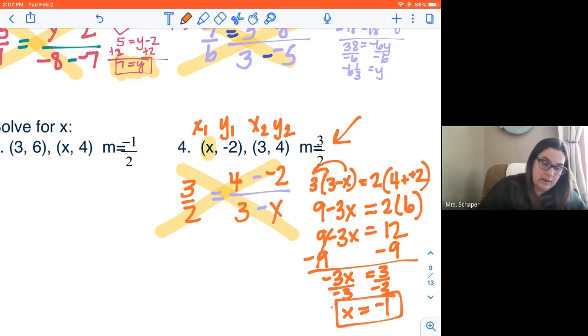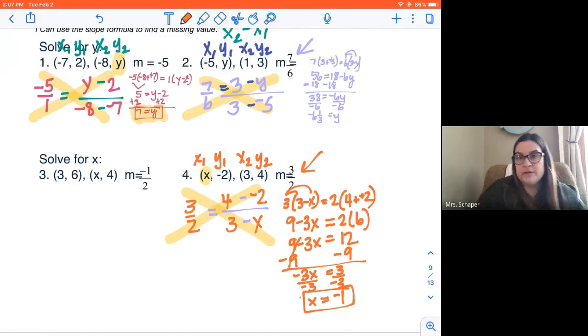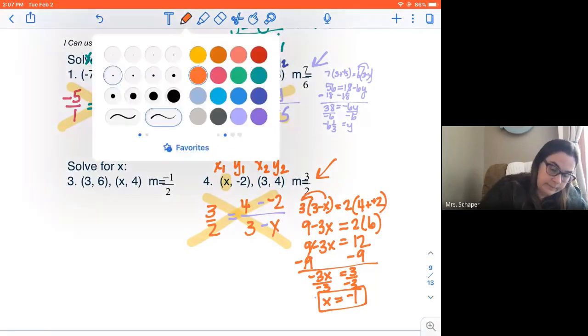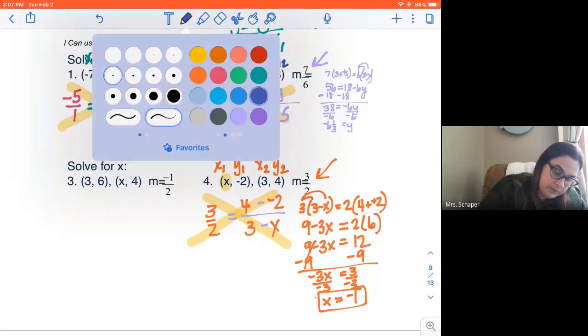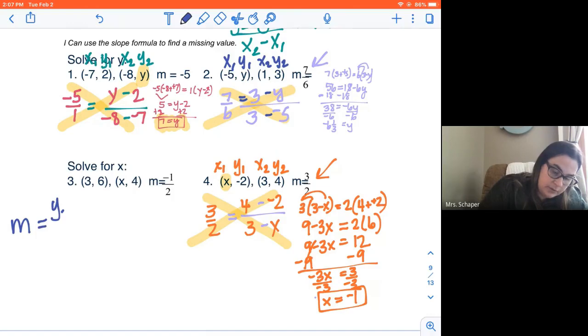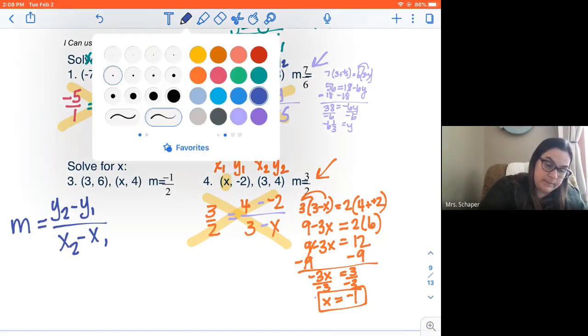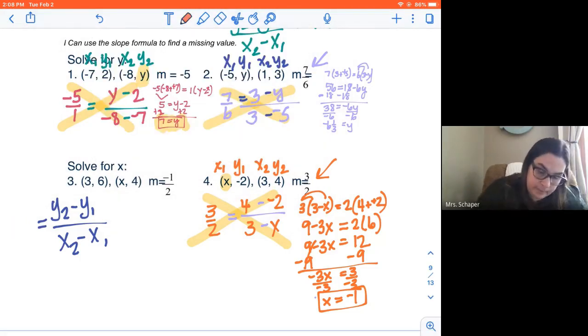Okay. Let's go on. Let's do one more for today, and then I'll make another video for the second day of this. So we're going to be writing out our formula. M equals y sub 2 minus y sub 1 over x sub 2 minus x sub 1. We're going to fill in our values. My m is going to be -1/2.